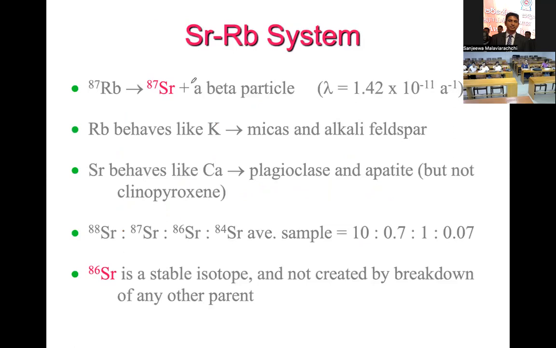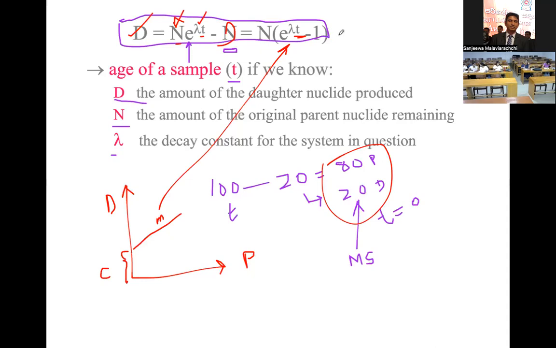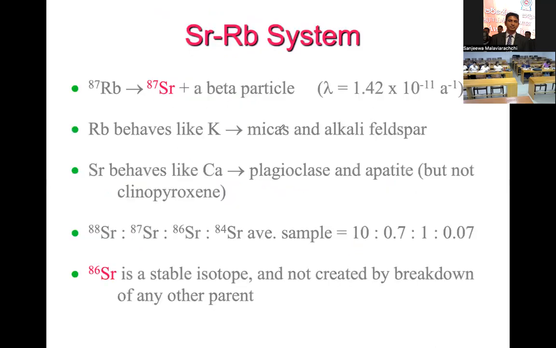Okay, we just started the rubidium strontium system last week, and I just introduced to you the rubidium strontium age equation based on this original or preliminary equation, right? So as we know, rubidium 87 decays to strontium 87 plus a beta particle is emitted.